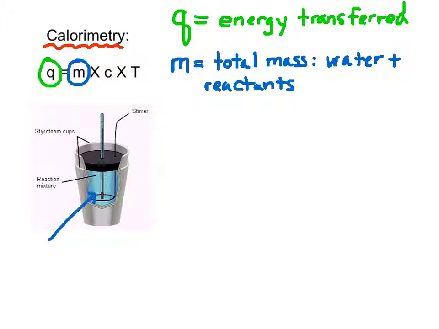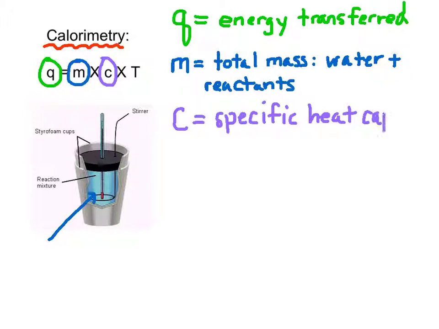Let's talk about C here. This was something new. C is the specific heat capacity. Sometimes you'll do calculations to find this. And remember, this is a measure of the property of an individual substance.